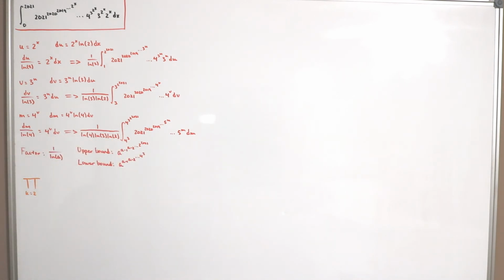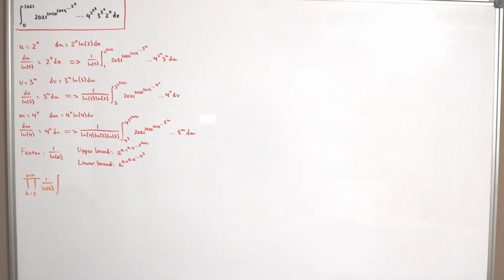We continuously do this for 2019 times. We get that now the upper index goes up to 2020 of 1 divided by ln of k. Okay, and then we get our integral.